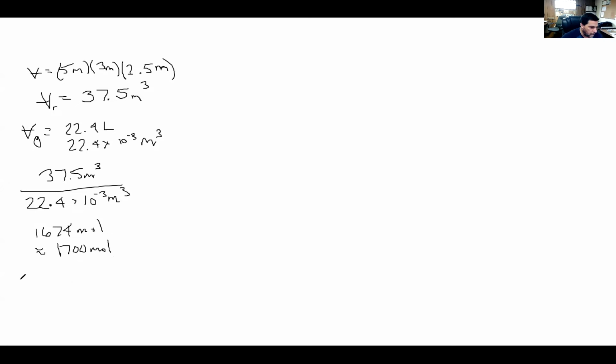Now, we know that N2 is 80% of the room, based on what I was saying before, and O2 is only about 20% of the room. Now, like I said, on a test, this would be given to you. So you have 2 moles.